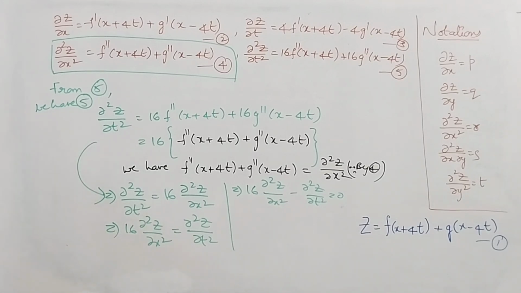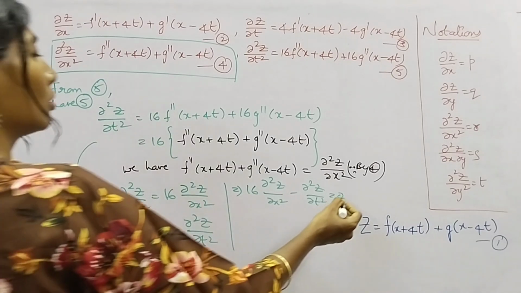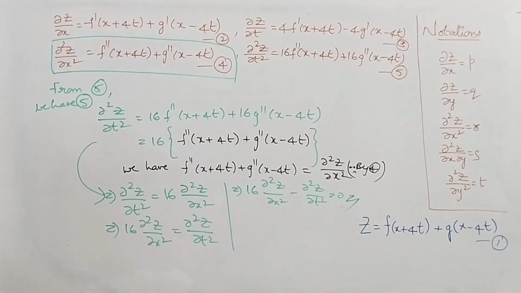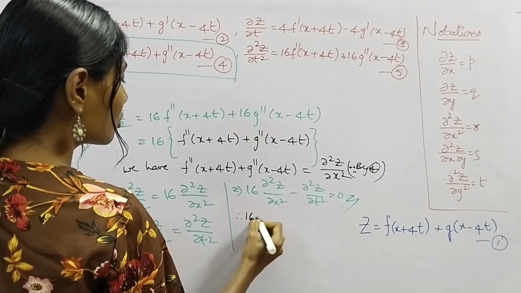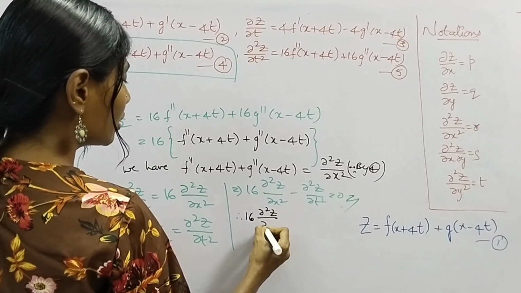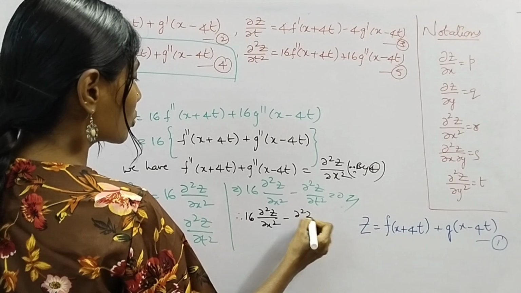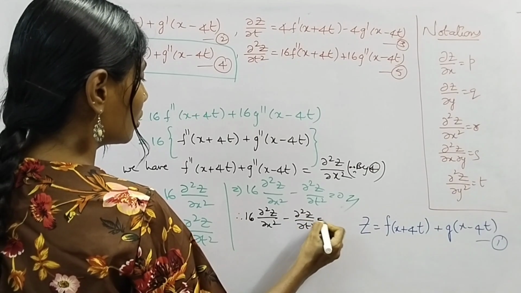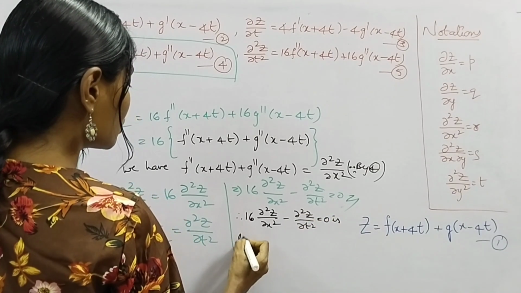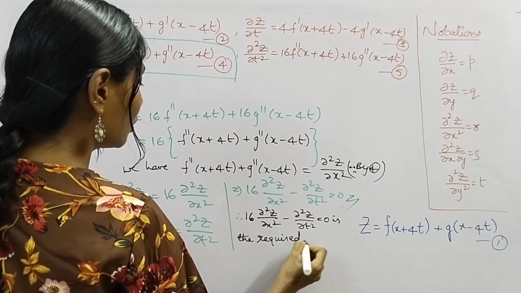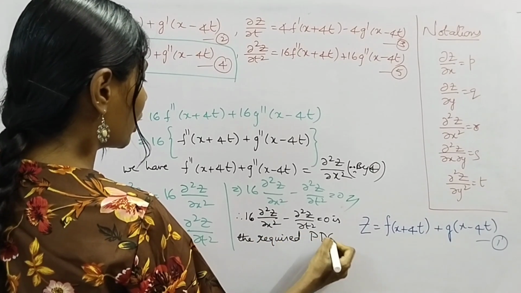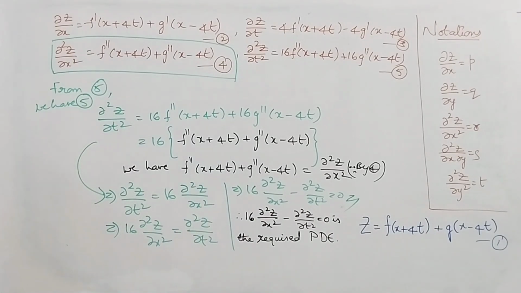Therefore, 16 into dou square z by dou x square minus dou square z by dou t square equal to 0 is the required partial differential equation. This completes the problem.